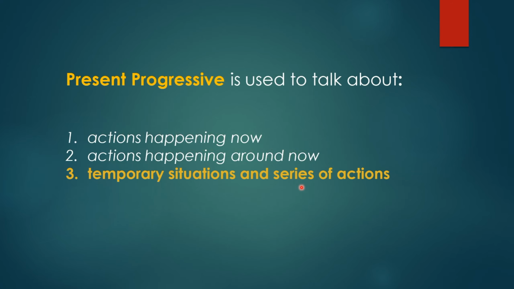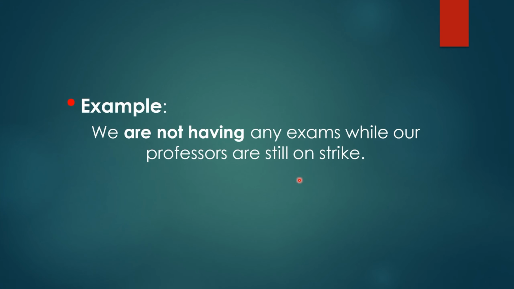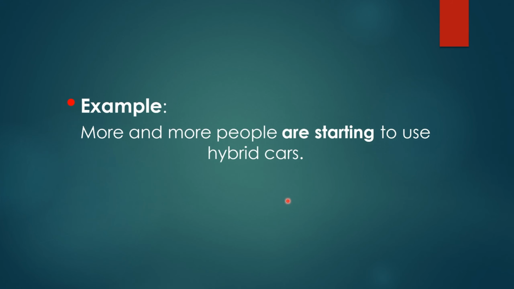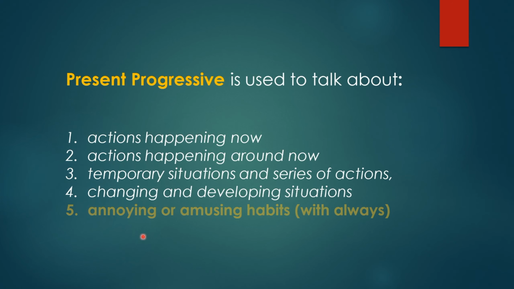Number 3, temporary situations and series of actions, like we are not having any exams while our professors are still on strike. Next one, changing and developing situations. Again, because it is something that is in progress. More and more people are starting to use hybrid cars.